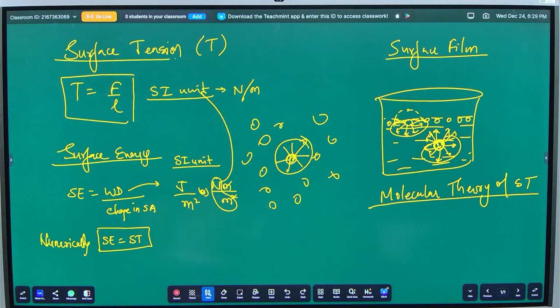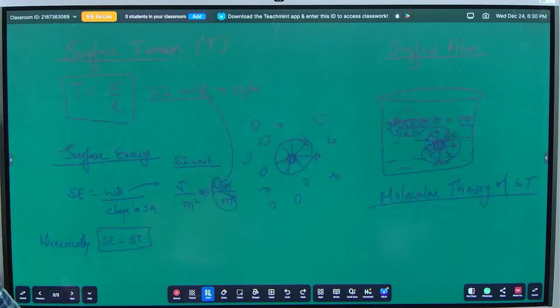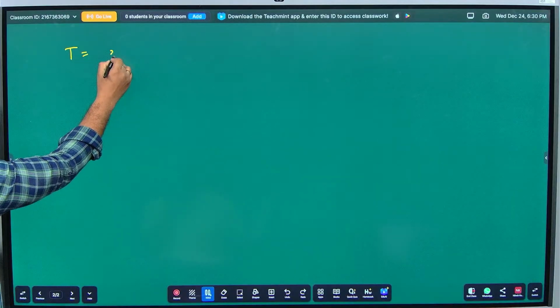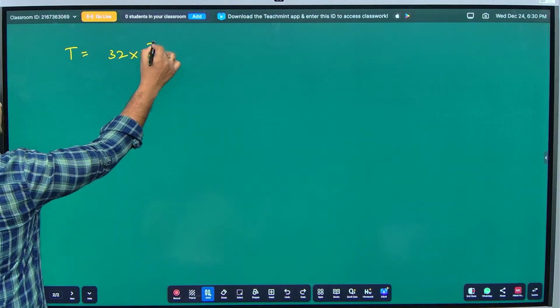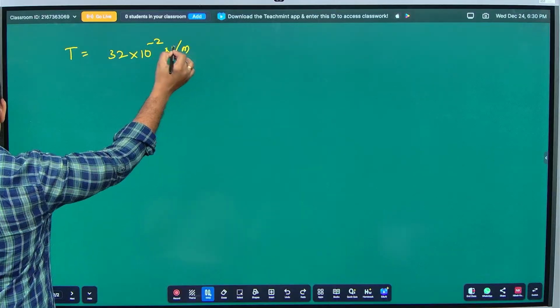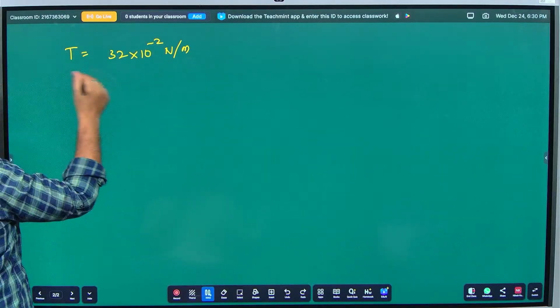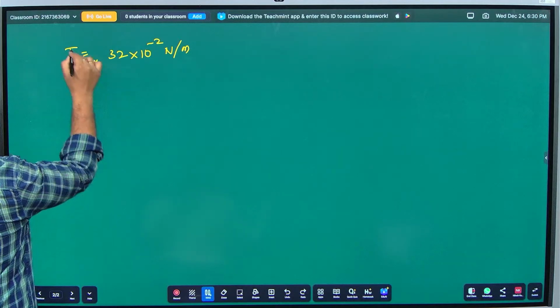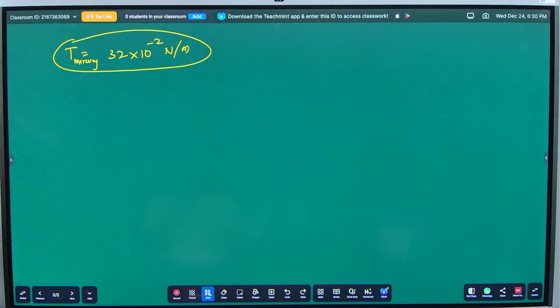Calculate the work done if surface tension of mercury is 32 into 10 to the power minus 2 Newton per meter. Try solving this question.